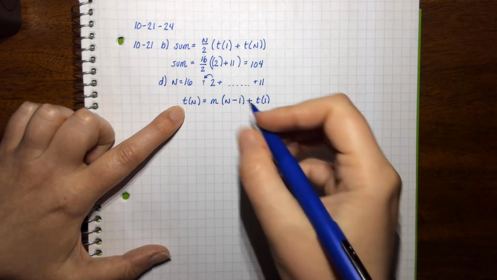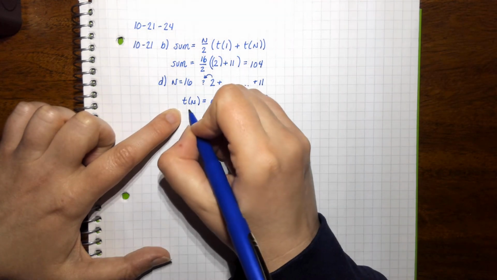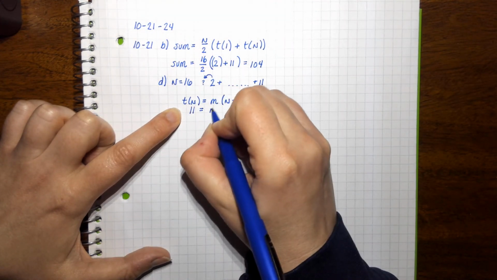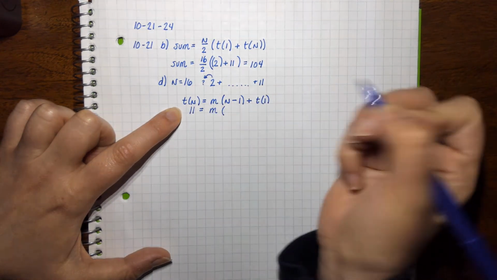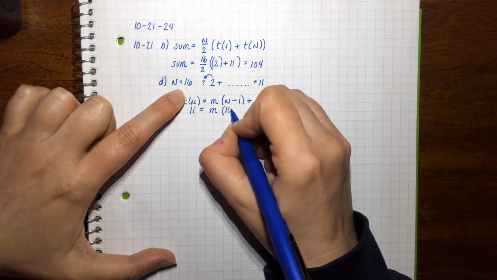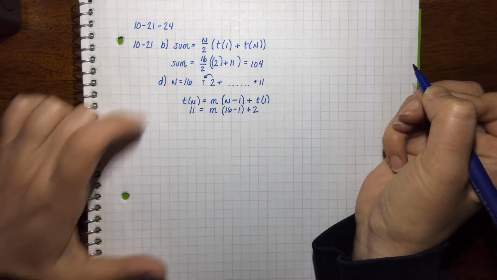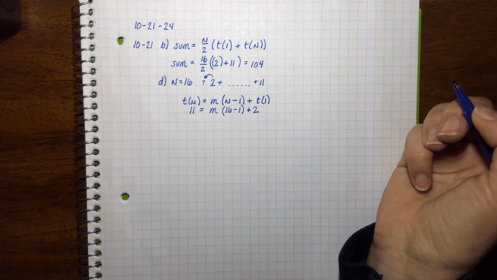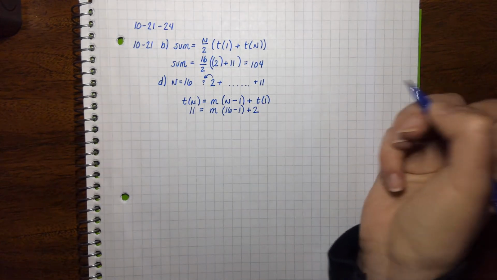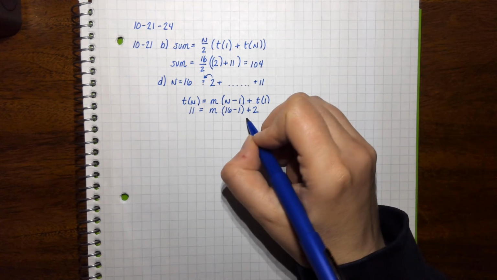Okay, t of n in this case is the last term, which is 11. Growth is what we're looking for. The number of terms is 16, and the first term is 2.